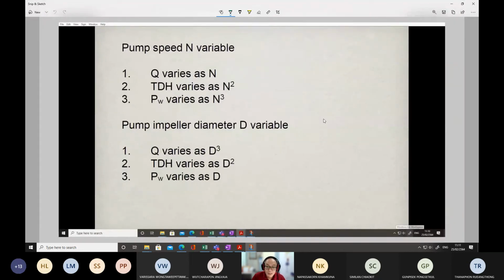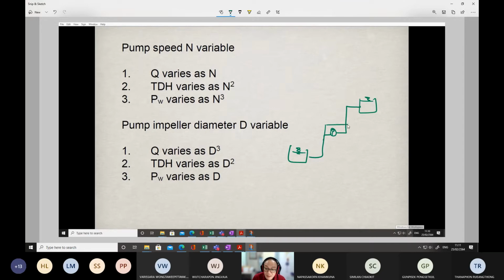In parallel, it's something like this. So we have the suction reservoir. So these are the pumps supplying water to the upper reservoir. So this is just one pump.